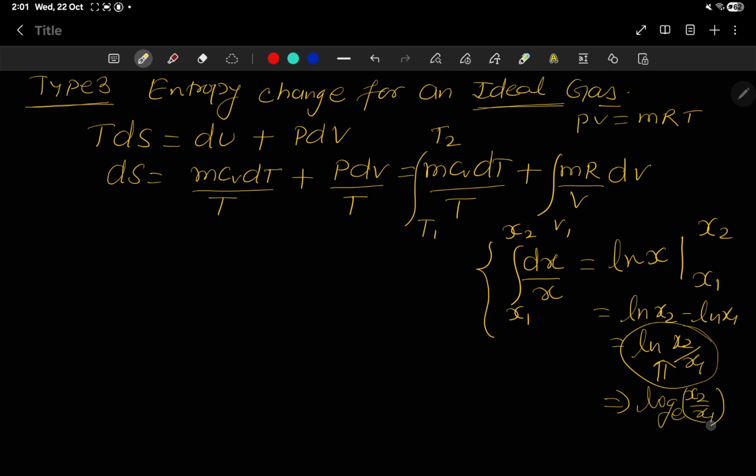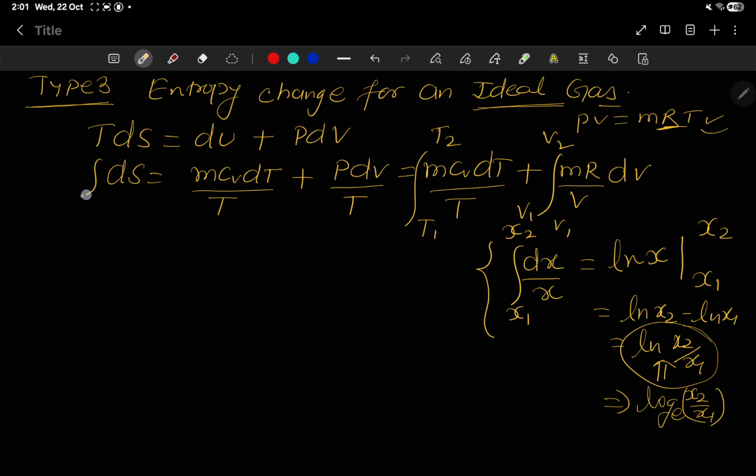So this is the concept. This V will go from V1 to V2, and R is the characteristic gas constant. We will explore this in the numericals.